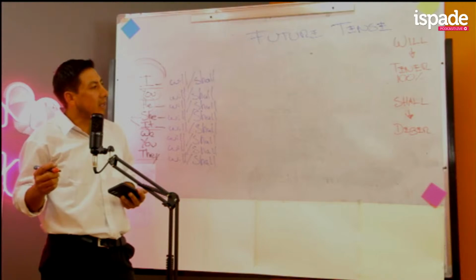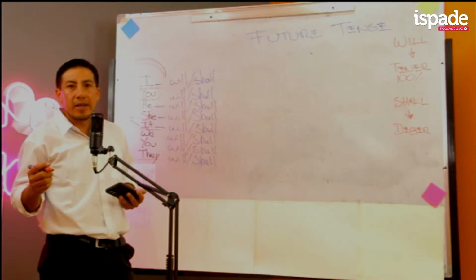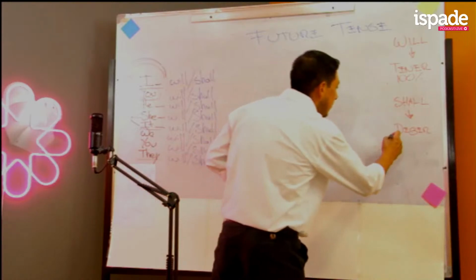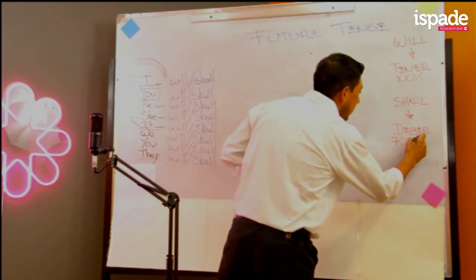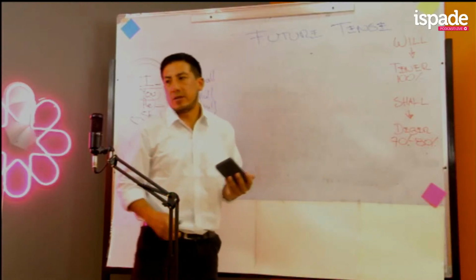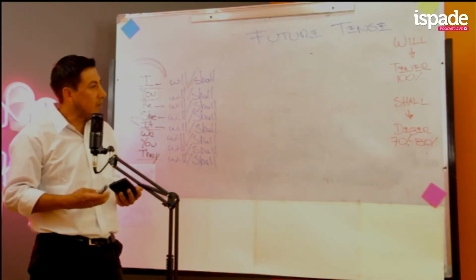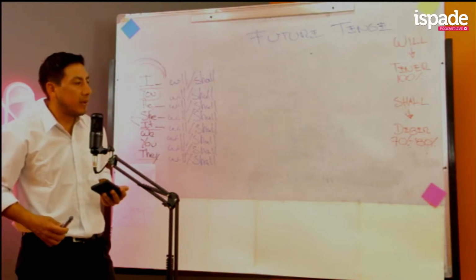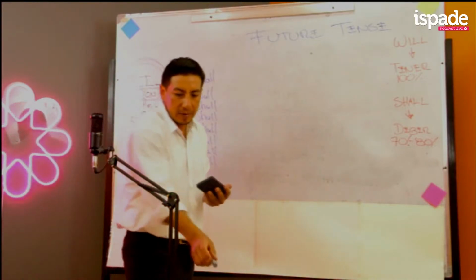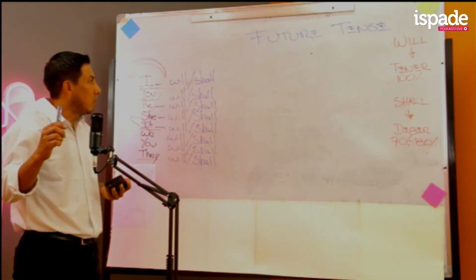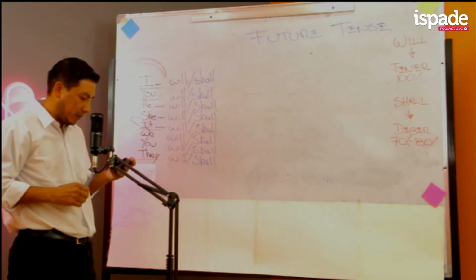It means something like 80 or 70%. You see, 70% or 80%. That is the difference between will and shall. Deber or tener. Let's represent it also with some examples.